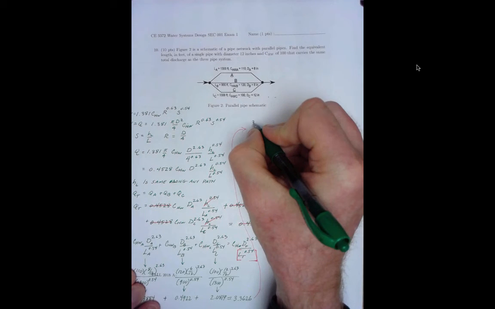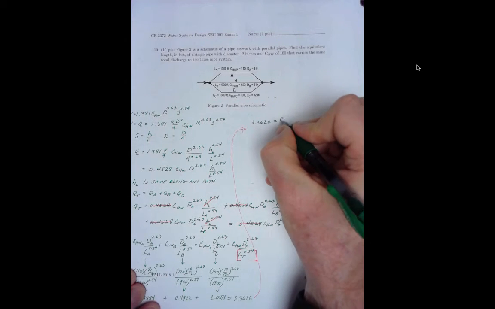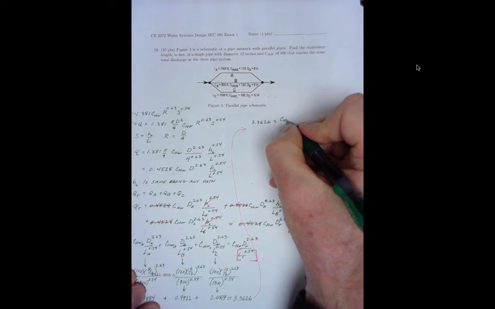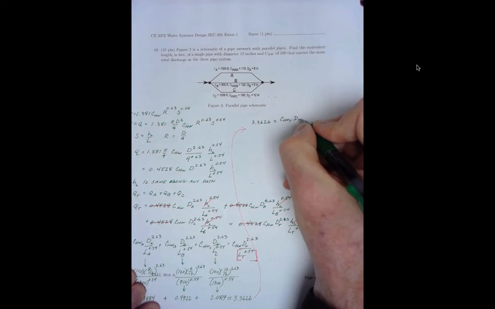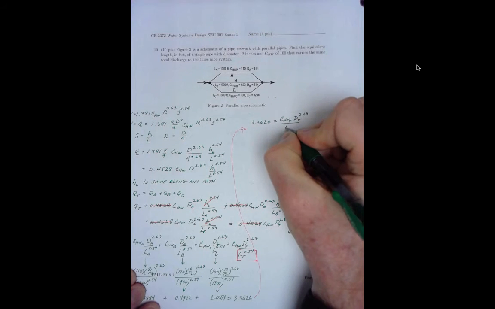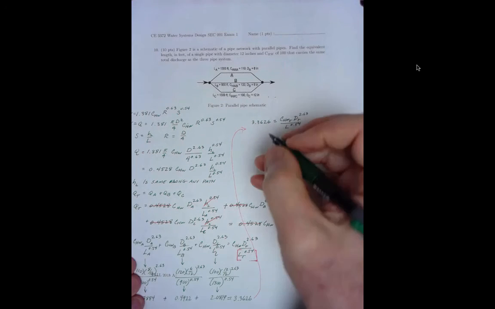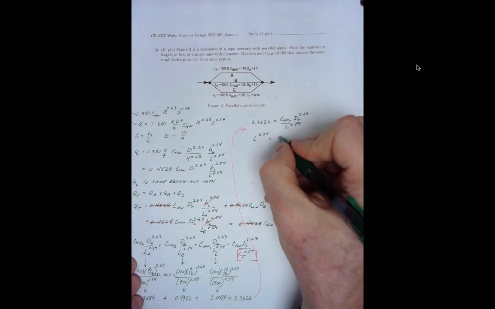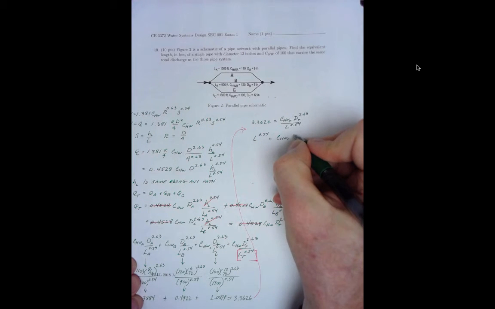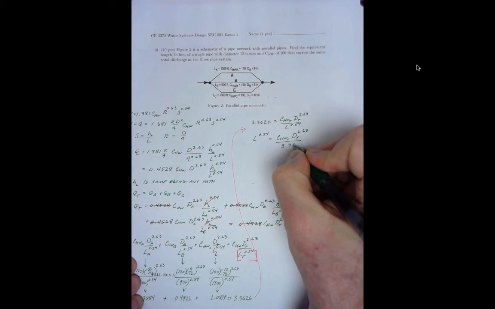I now have 3.3626 is equal to C sub HW T times diameter of T to the 2.63 over the unknown length of T to the 0.54. Rearrange this. I have length to the 0.54 equals C sub HW T D T to the 2.63 divided by 3.3626.